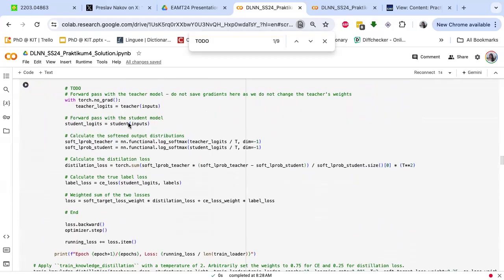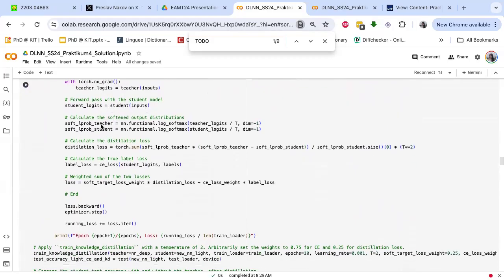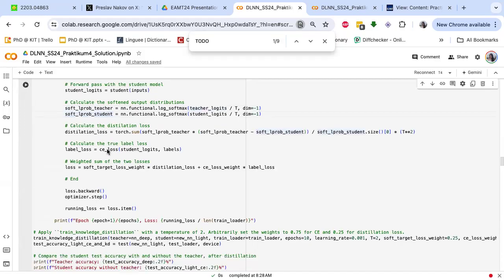And then for the student logit, you also pass the input through the student model. This is where you calculate the soft and log probability of the teacher, where you first divide the logit by the temperature parameter as we discussed before, and then pass it through log softmax, and then do the same for the student.